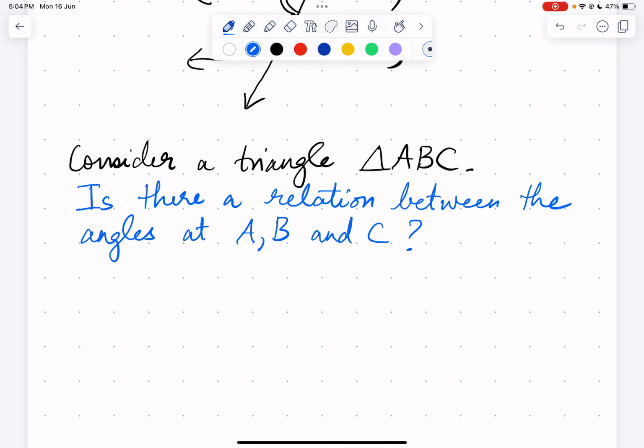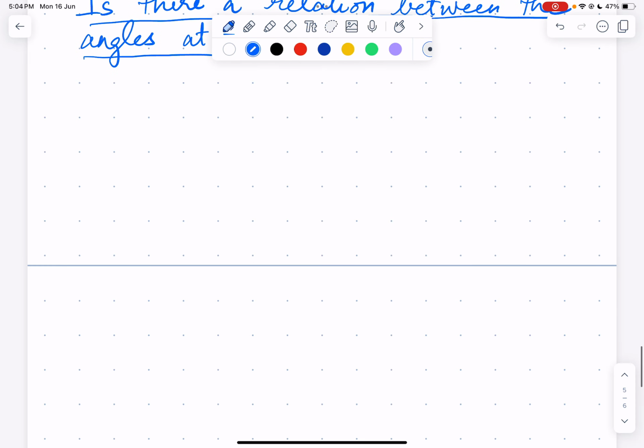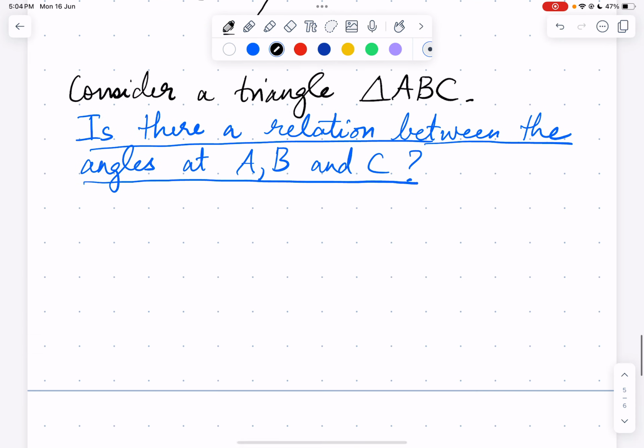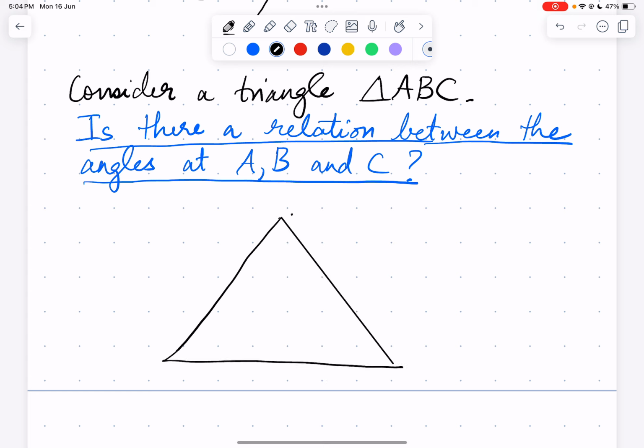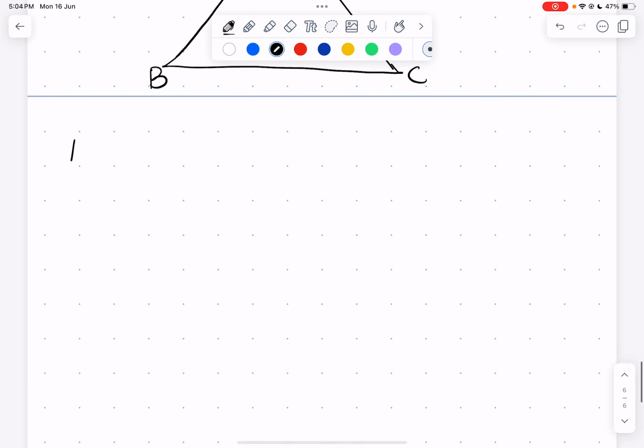So if we have a triangle, is there a relation between the angles at the vertices? You have some generic triangle. Is there a relation between the angles at A, B, and C? So we'll study that.